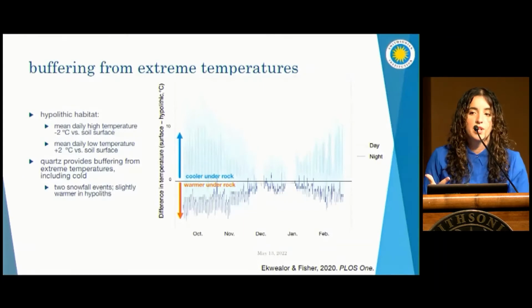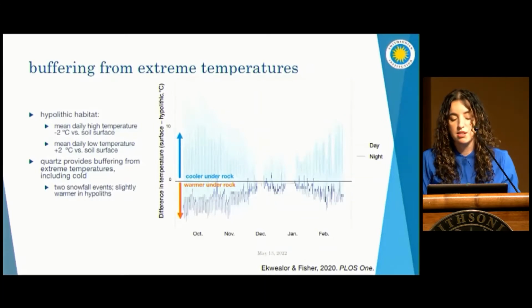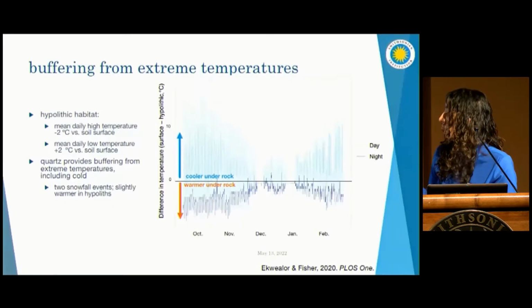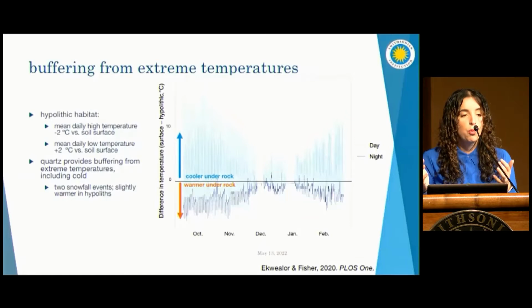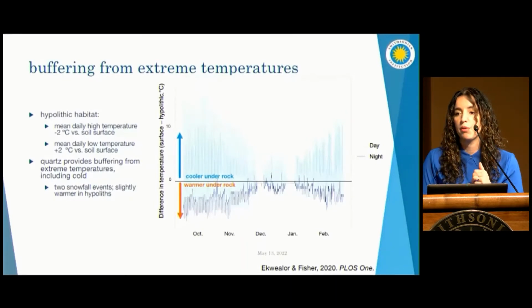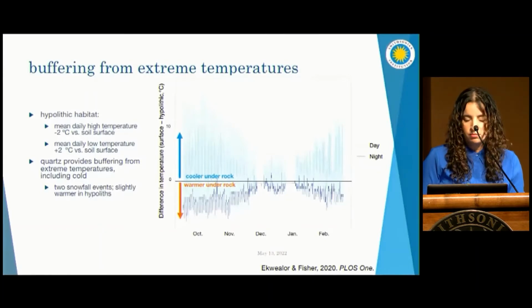Those actually represent 2 snowfall events, which this elevation in the Mojave does get snow, where there's no difference between day and night, but there's a slight but consistent warming effect by the quartz rock. It's slightly warmer under the quartz day and night during the snowfall events.